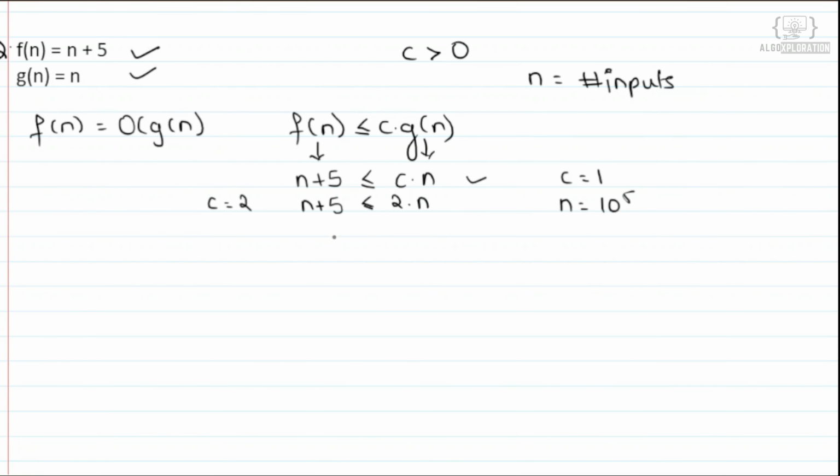So now let's substitute it. 10 raised to 5 plus 5 is less than or equal to 2 into 10 raised to 5. Now this will become 100,005 is less than or equal to 200,000. Now this is true. So we got the value of c, that is 2.